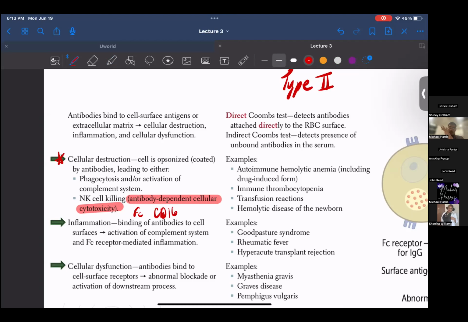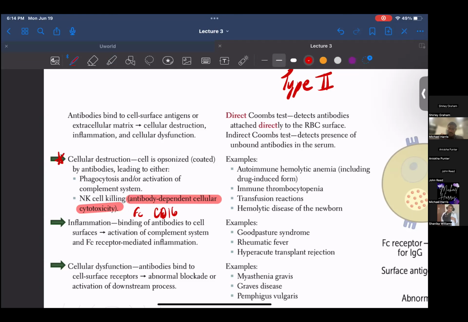Okay? So only cells that utilize CD16 can utilize this pathway. Things like neutrophils, natural killer cells, eosinophils. Those are the big guys that you think of when you think of cellular destruction.